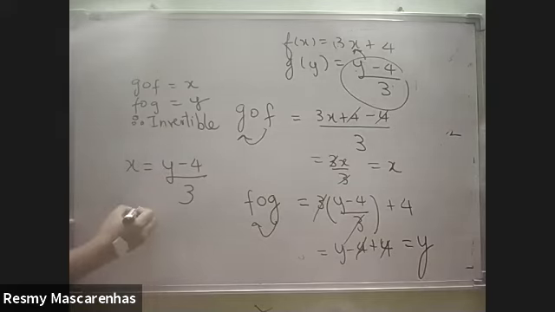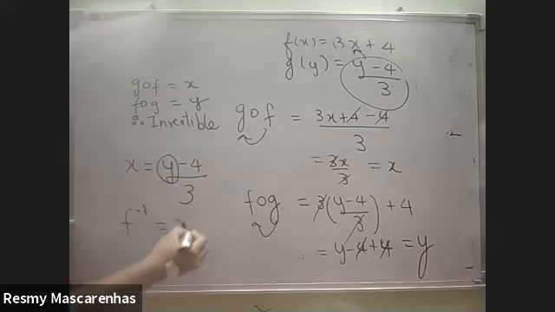Instead of X, you have to put it as F inverse, and Y will get replaced by X. So this is F inverse. Check in your problem where you had expressed X and write that function again. Instead of X, write F inverse, and instead of Y, it will be replaced by X. So this will be your answer.